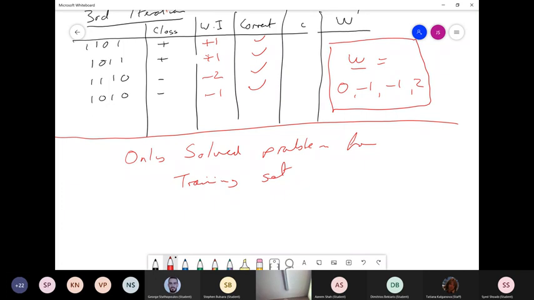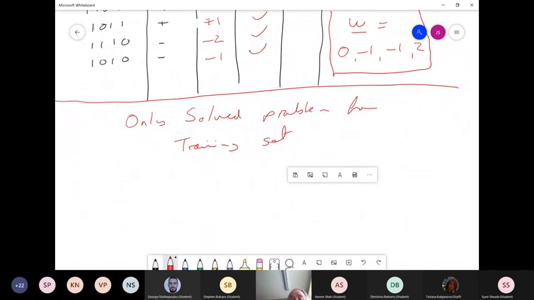So when you're reading research papers and you're seeing great claims for a neural network, or even a neuron, solving a problem, make sure that it is tested on data which is outside the training set, because to recognize the training set is simple. We can do that simply by memory, storing the patterns and their class. So, having got the weight vector, let's now use it.